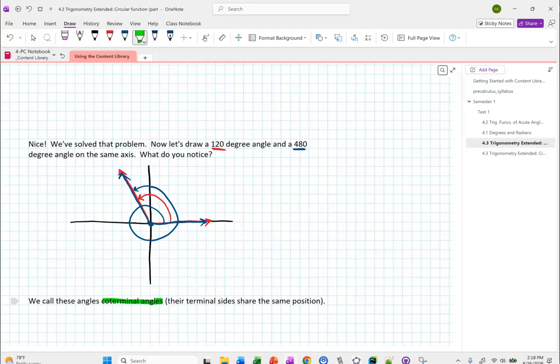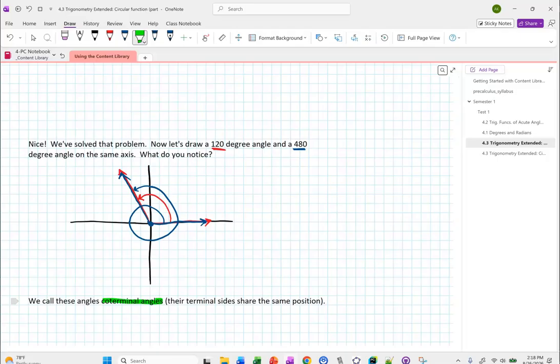So if I wanted to predict where another coterminal angle would be, what could I do? Add 360 to 480. And if I wanted another one after that, add another 360. So how many angles are there that are coterminal to a given angle? Infinitely many, because I can just keep adding 360 the whole time.